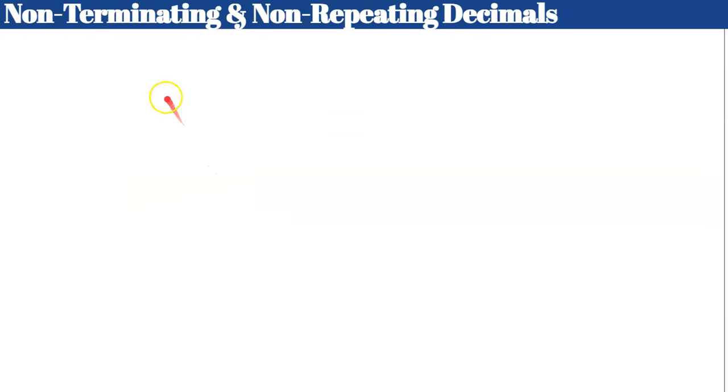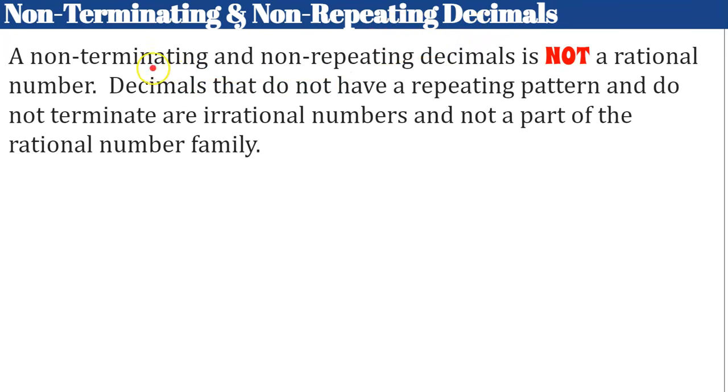So we also have to understand what is not a rational number. If you have a non-terminating decimal, meaning it extends infinitely, and non-repeating, meaning there's no pattern, no horizontal bar, no vinculum on top of a number indicating a repeating pattern, then we need to understand that non-terminating and non-repeating decimals are not rational numbers.